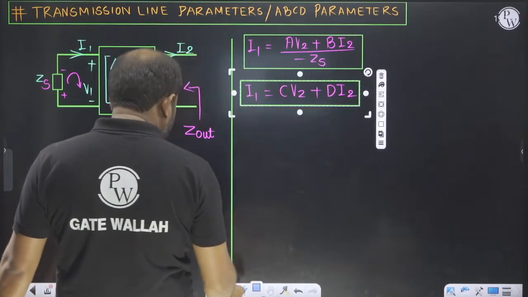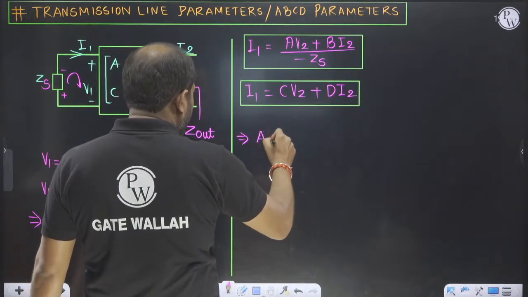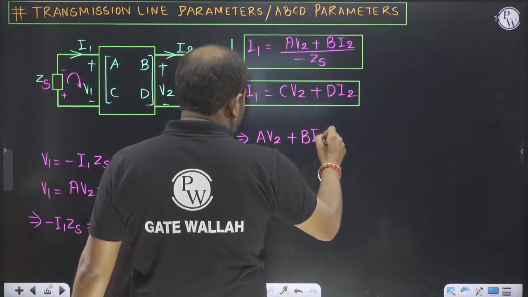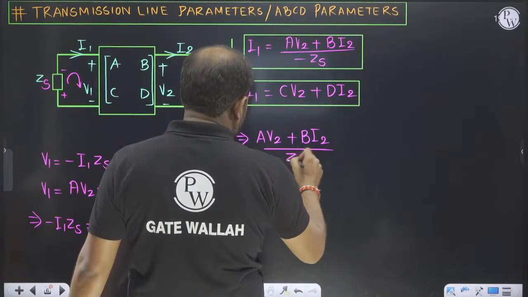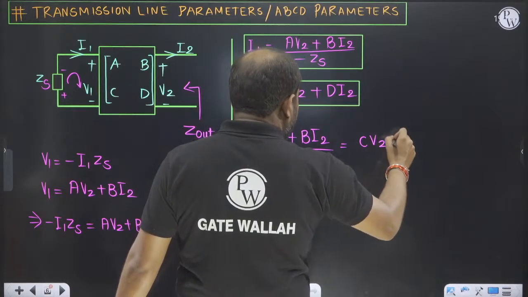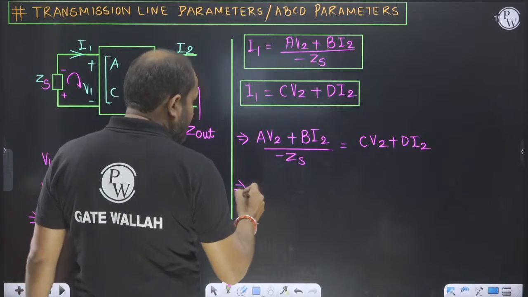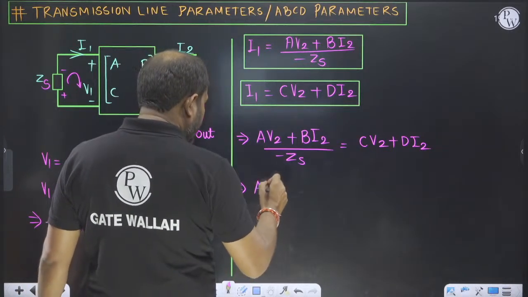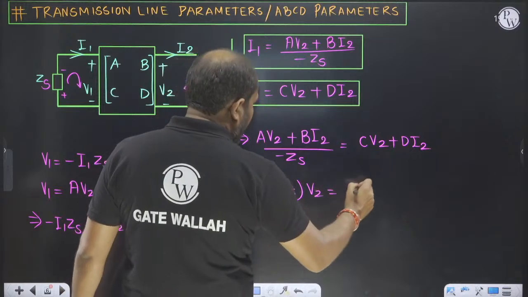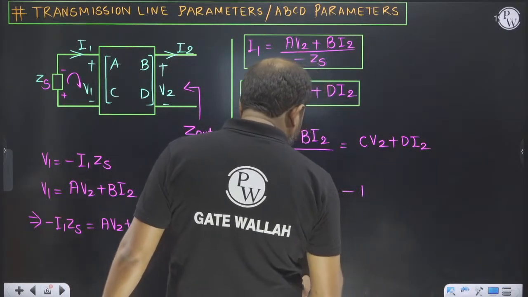It will be AV2 plus BI2 is equal to minus Zs times CV2 plus DI2. I will multiply with Zs, so A plus CZs times V2 equals minus B plus DZs times I2.